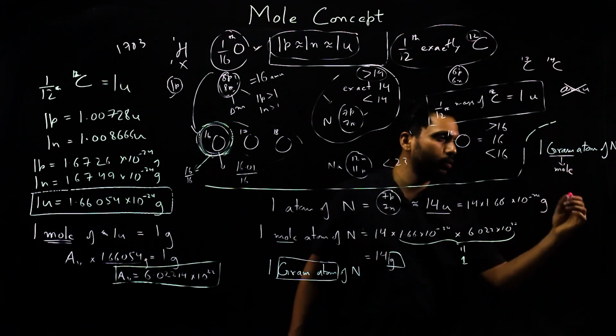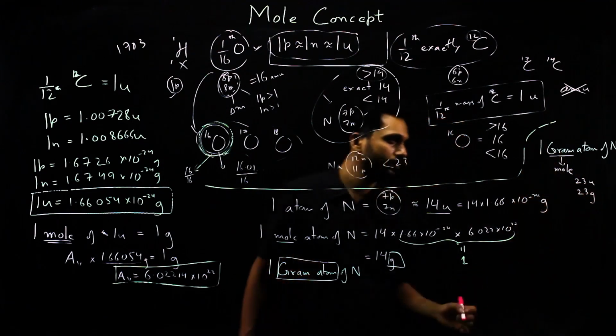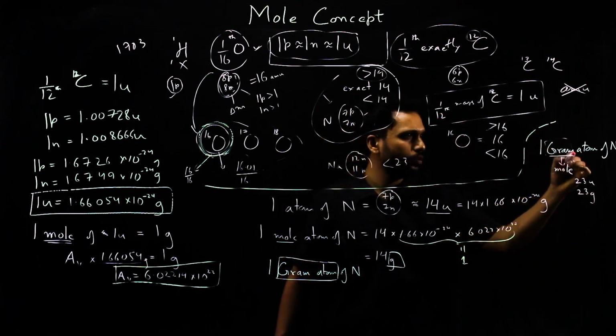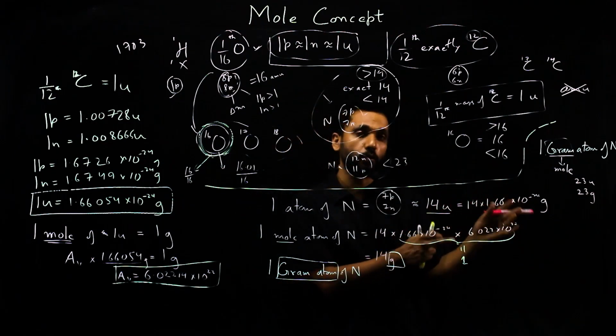So 1 atom of sodium is 23 U's. 1 mole of atoms must be 23 grams. So this gram atom may be a confusing word. 1 gram atom doesn't mean 1 gram of that atom. 1 gram atom means 1 mole of atoms.